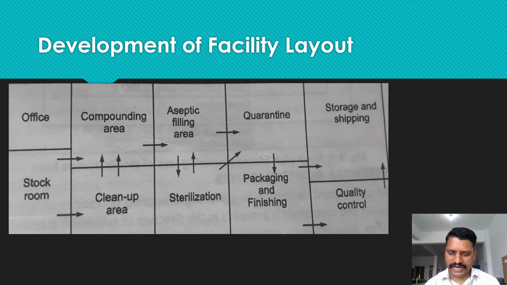Therefore these parameters are very important while developing a facility layout for the production of parenteral dosage forms.